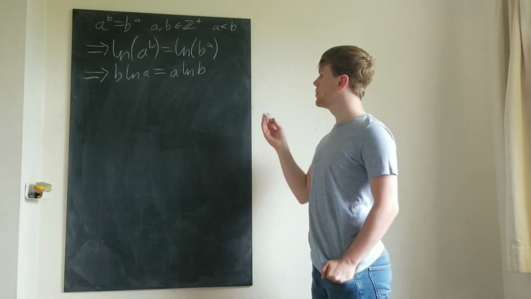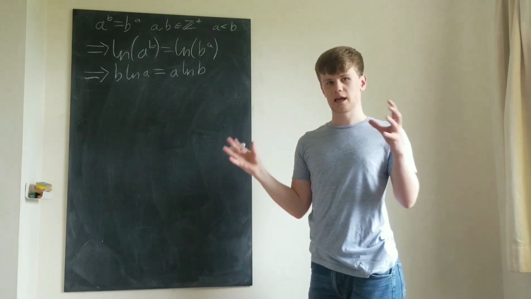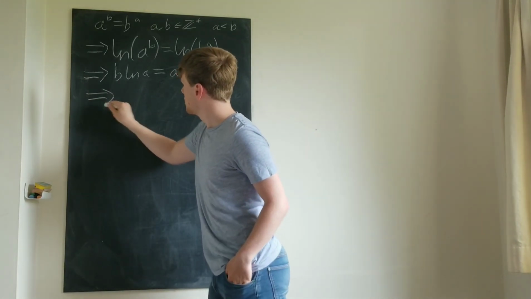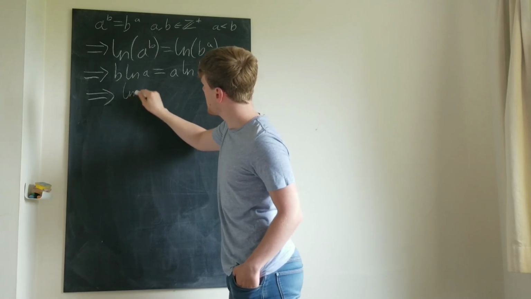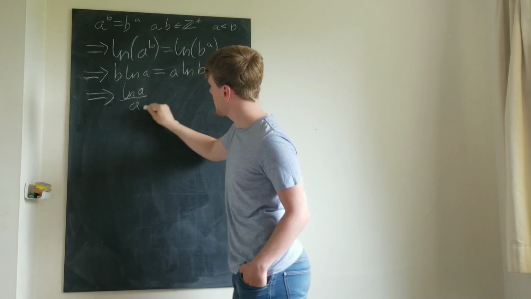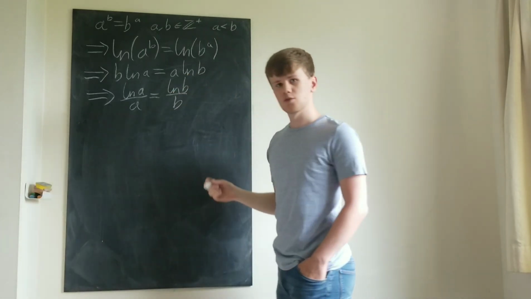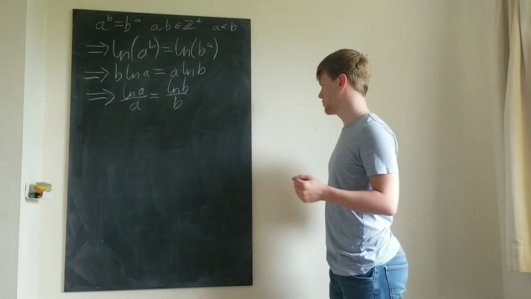And now we can divide both sides by ab to separate a and b into different sides of the equality. And so we have ln a divided by a equals ln b divided by b. So we've successfully separated our variables.